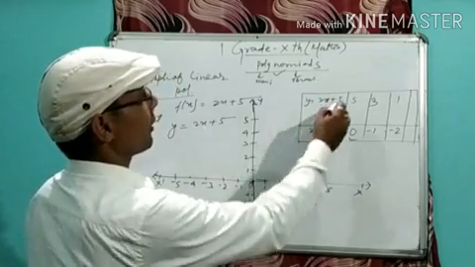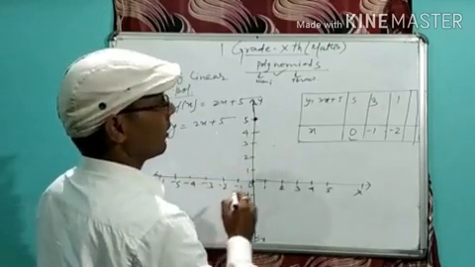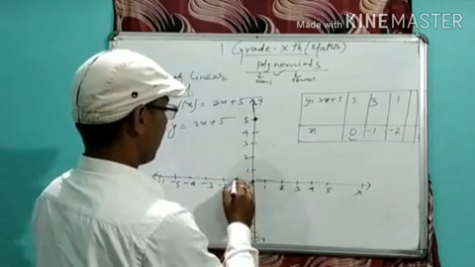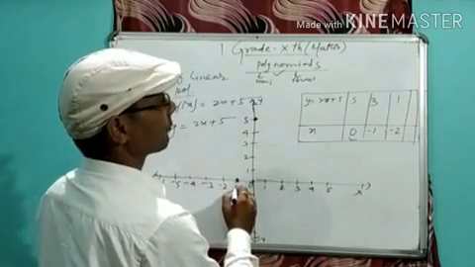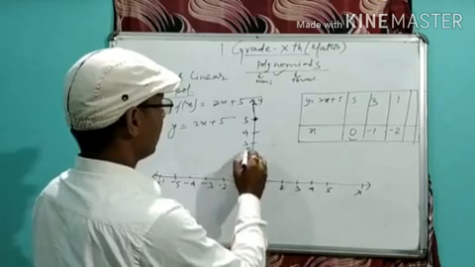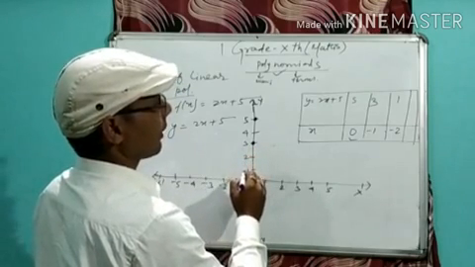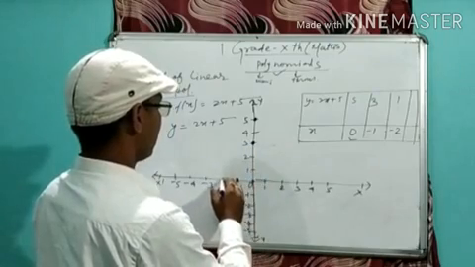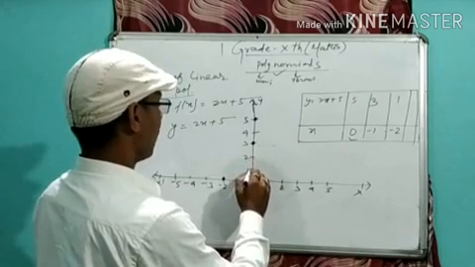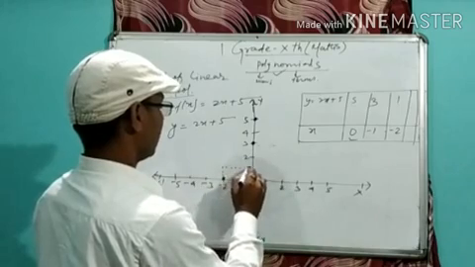And on the y-axis plus 5. On the x-axis minus 1, y is 3. At x minus 2, y is 1. Suppose we join these.